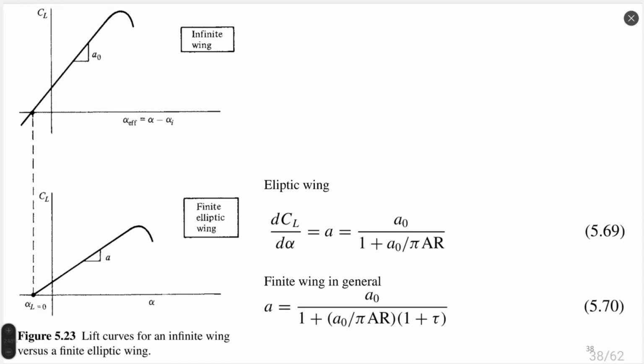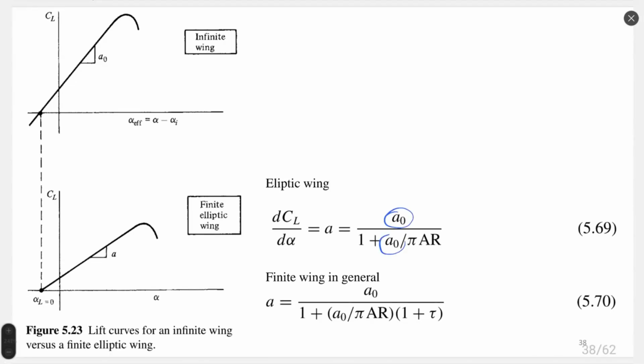There is a way to predict this lift coefficient slope. It would be related to the lift coefficient on the airfoil and would be related to the aspect ratio of the wing. For elliptic wing and in general for any other wing.